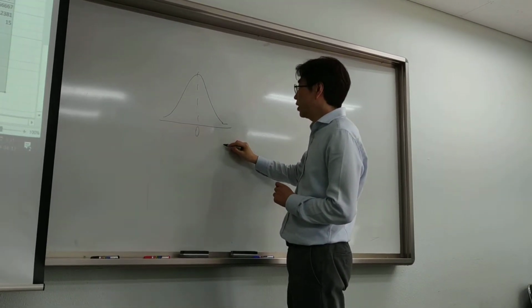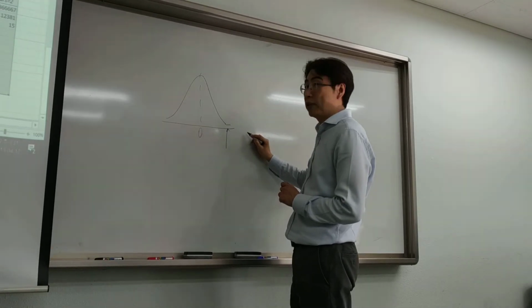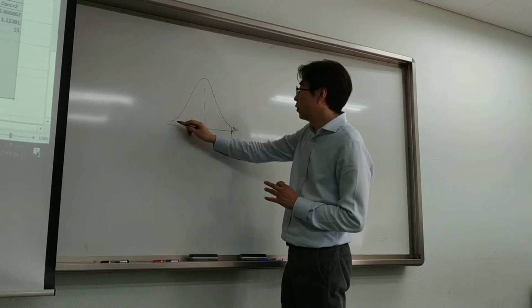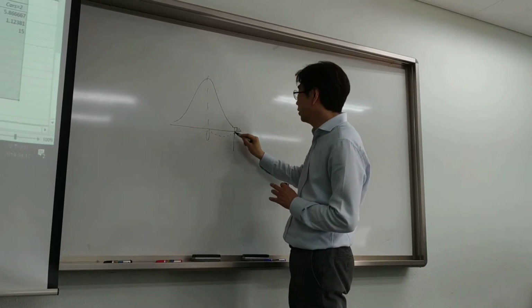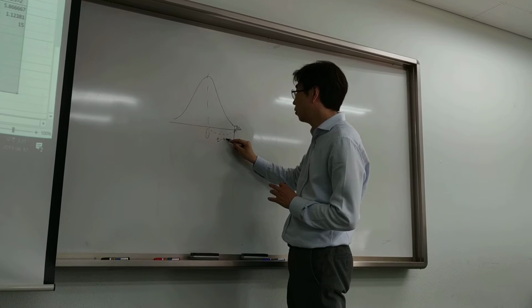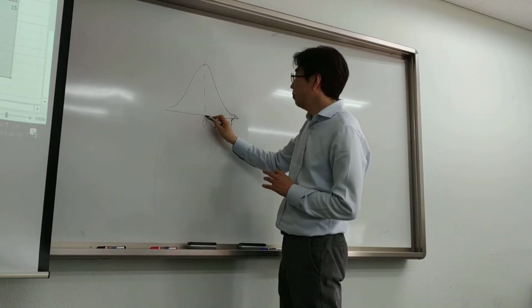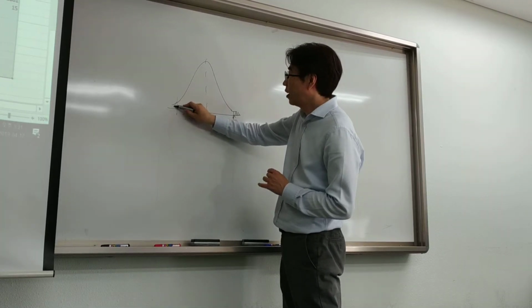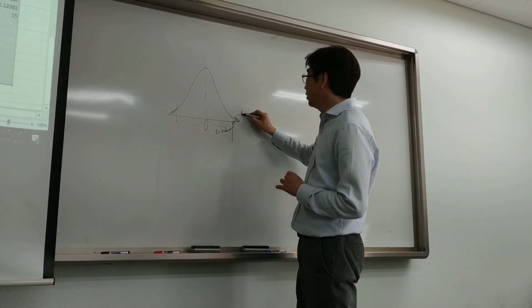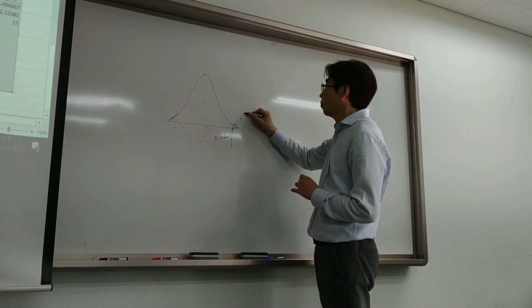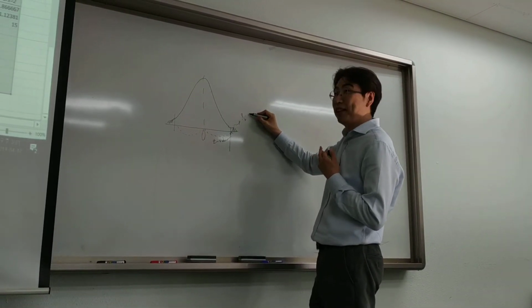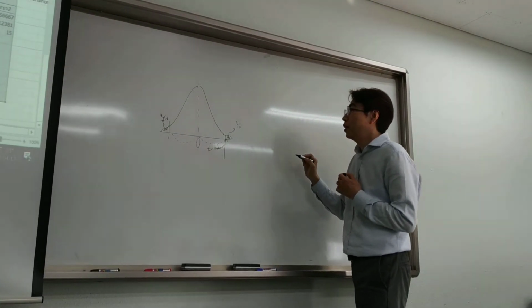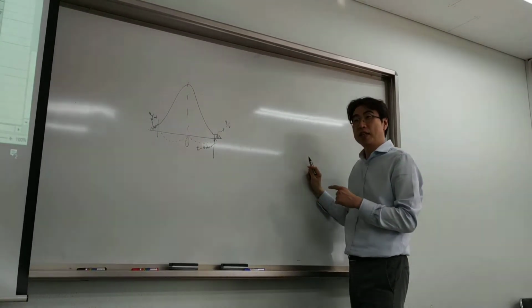Your t value falls here, and this is the probability. The same t value is here too, right? This is P over 2, the half P value. This is the half P value. The sum of them is the P probability.